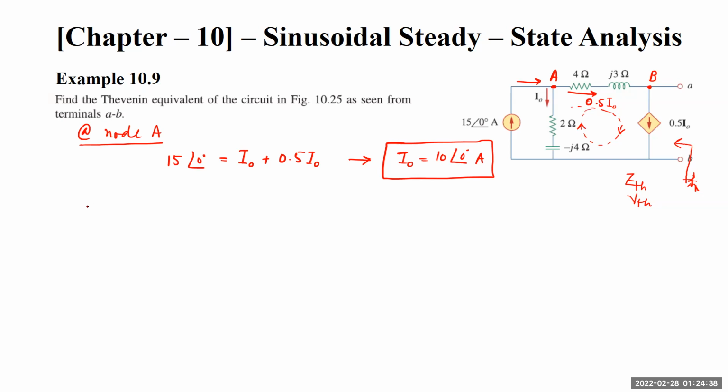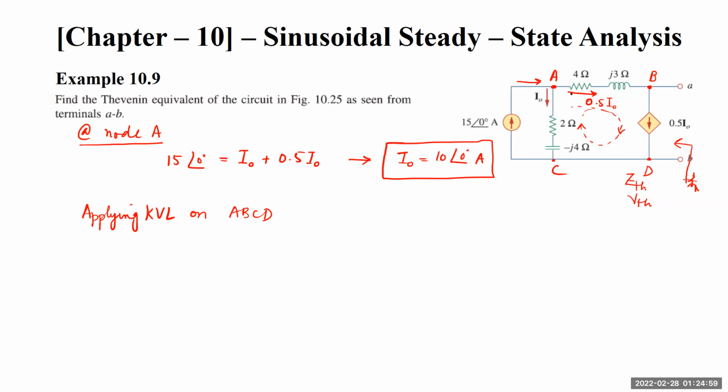So applying KVL on path A, B, C, D, we are applying this on this path.